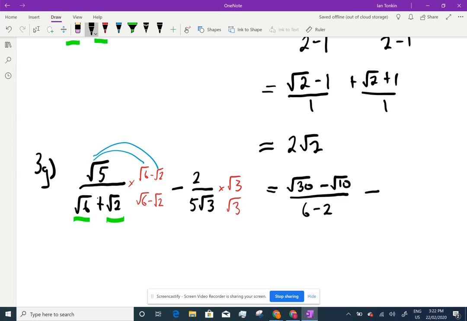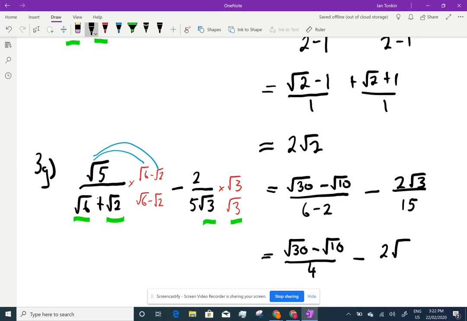In the second one, I get 2 root 3. And here, the root 3's become 3, and 3 times 5 gives me 15. So, root 30 minus root 10 on 4 minus 2 root 3 on 15.